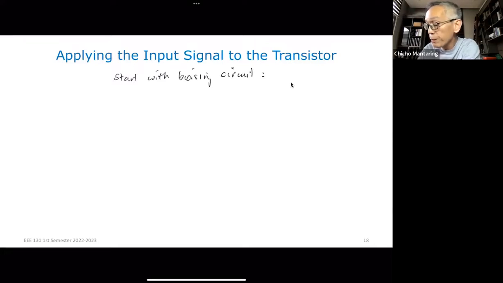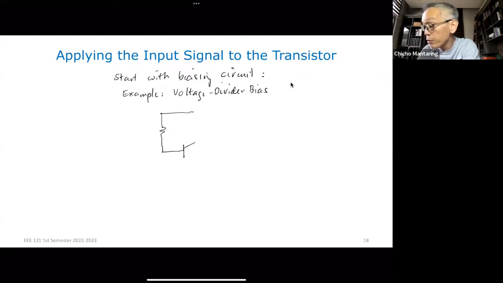For example, let's say we use the voltage divider bias, or sometimes we call this the self-bias. How does the voltage divider bias look? We took this up last time.